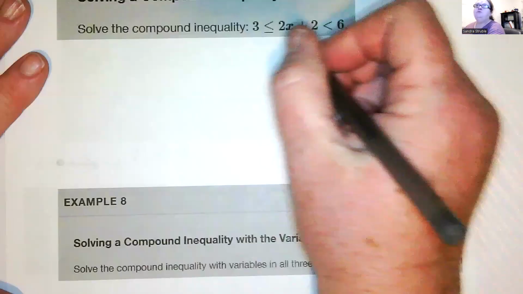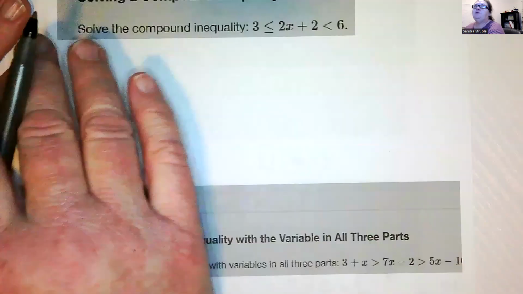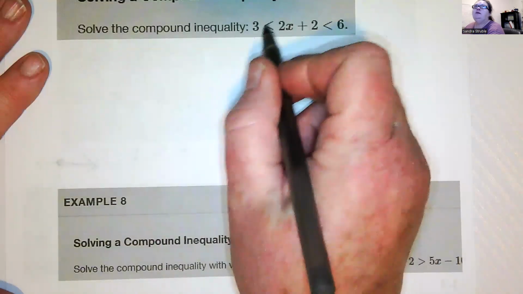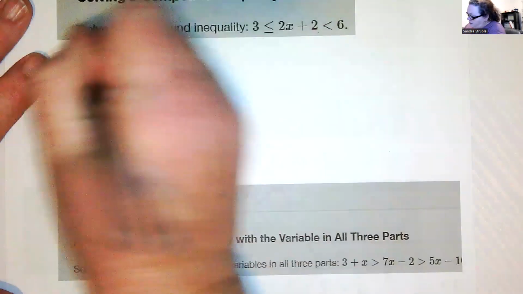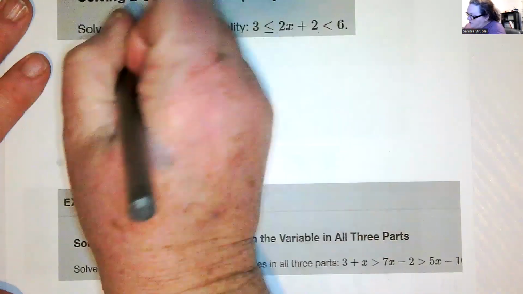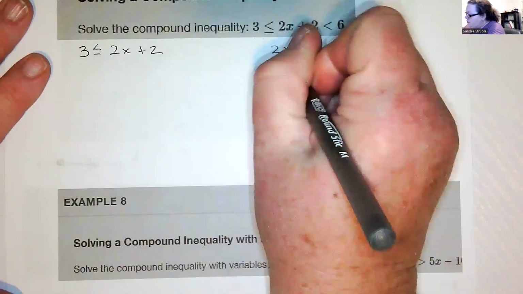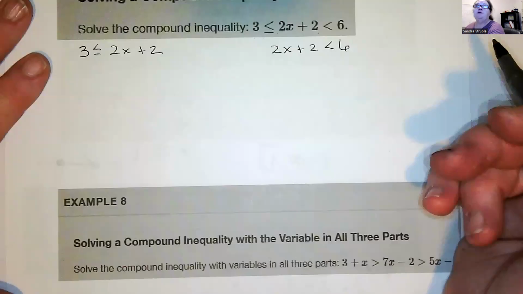All right. So the first thing I'm going to do, less issues I see, is if you actually take them and separate them, where the common one is this one here. So I'm going to have 3 less than or equal to 2x plus 2. And then I'm going to have 2x plus 2 is less than 6. Solve for x in both cases.